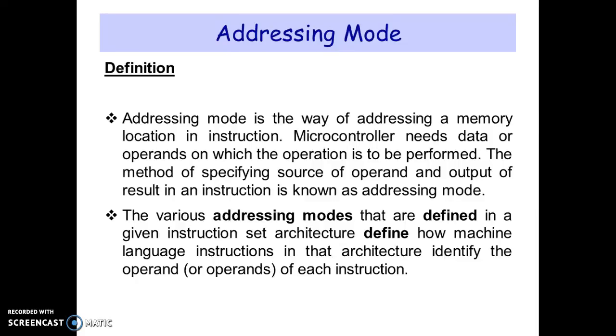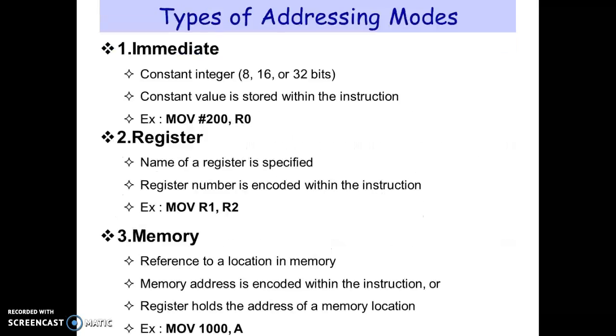That means addressing mode is the way of addressing a memory location in an instruction. The microcontroller needs data or operands on which the operation is to be performed. The method of specifying the source of the operand and the output of the result in the instruction is known as addressing mode. There are different types of addressing modes available in microprocessor instructions.